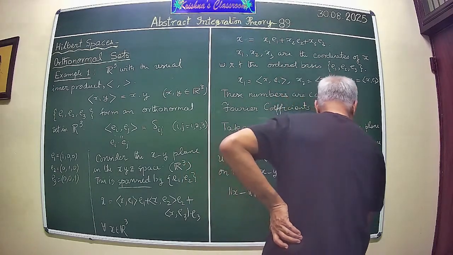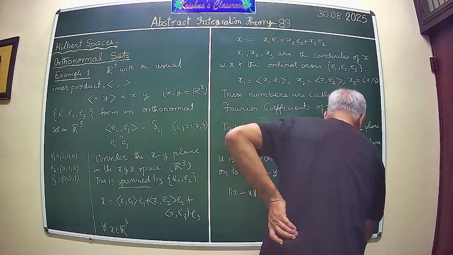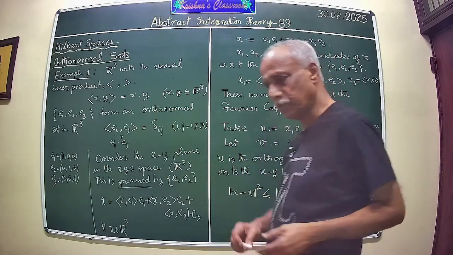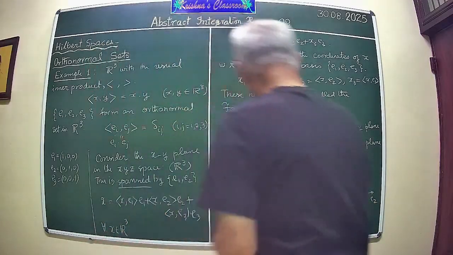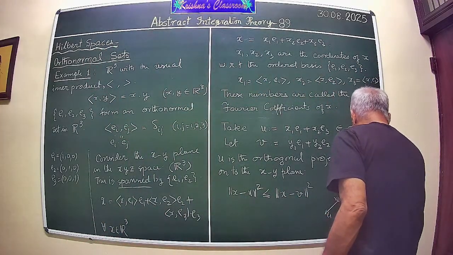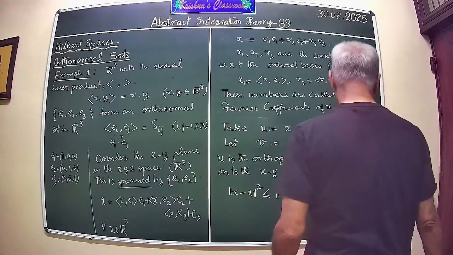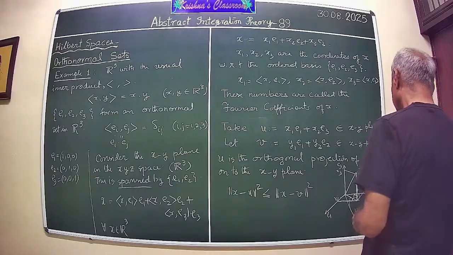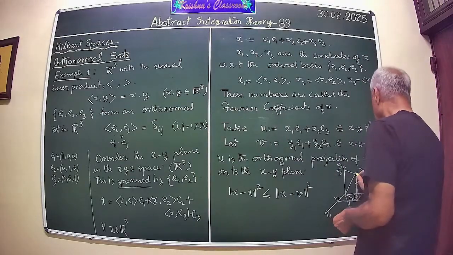So v is some vector. This is the norm of x minus v, and this height is the norm of x minus u.